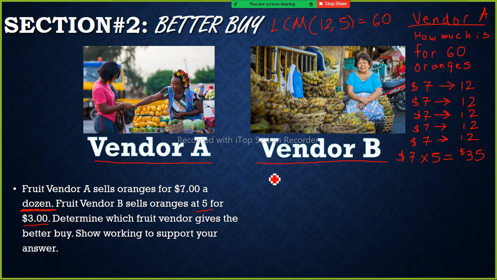So for vendor B, how much is it for 60 oranges?